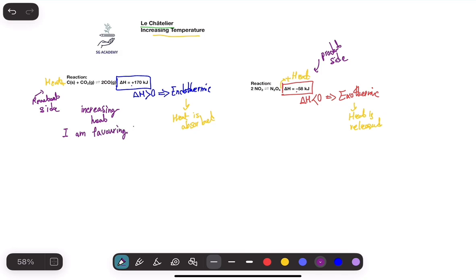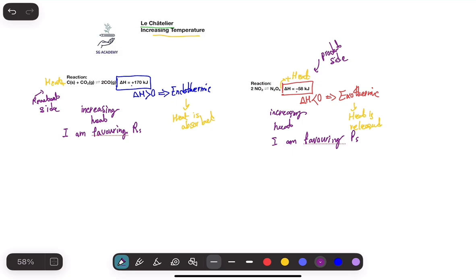This is what I'm doing to the system, yeah? So I'm favoring the reactants, all right? As opposed to an exothermic reaction, if I'm increasing heat, increasing temperature, since heat is on the product side, it means that I'm favoring the products. That's what I'm doing, okay?